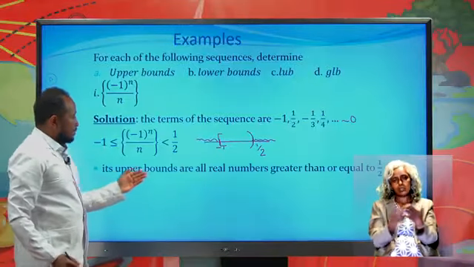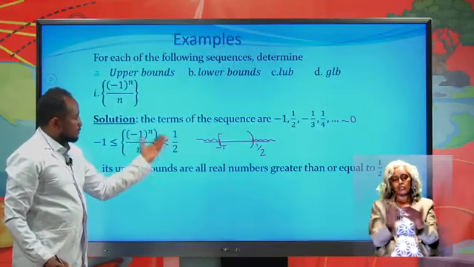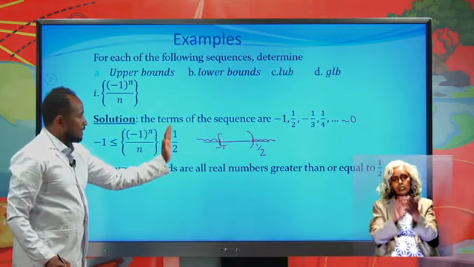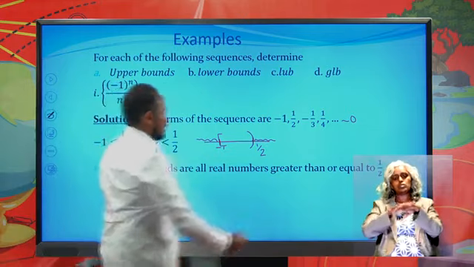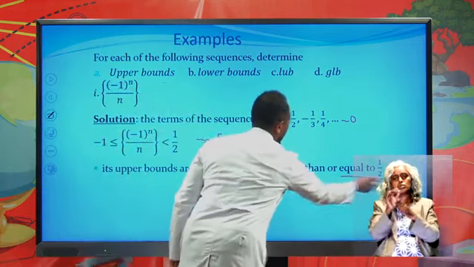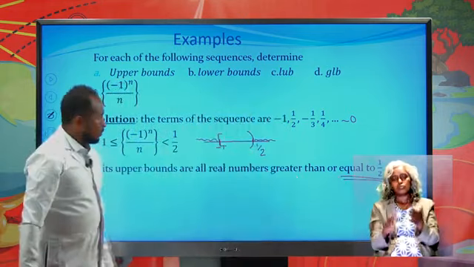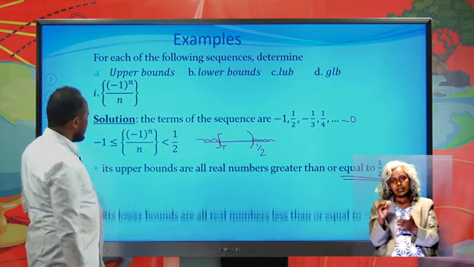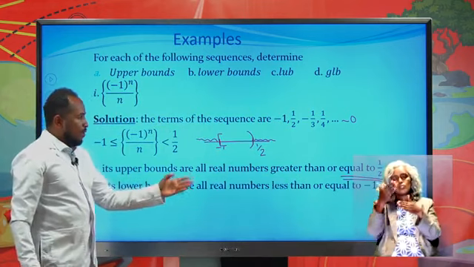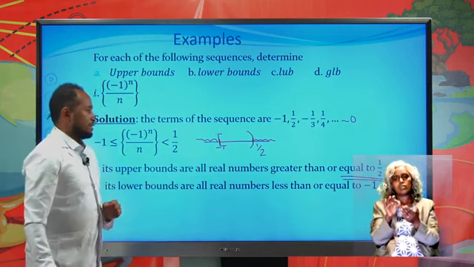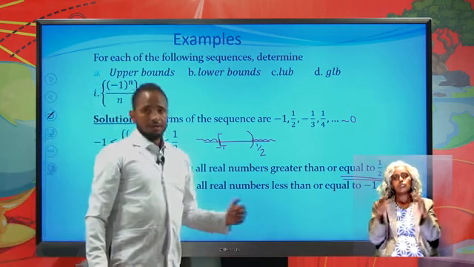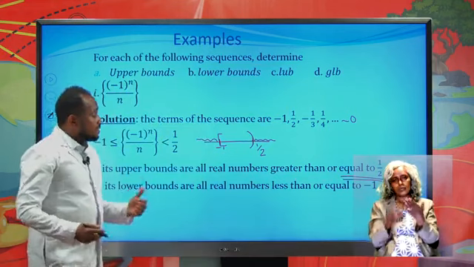So the upper bounds of this sequence are numbers which are greater than or equal to 1/2, and its lower bounds are all real numbers which are less than or equal to negative 1.